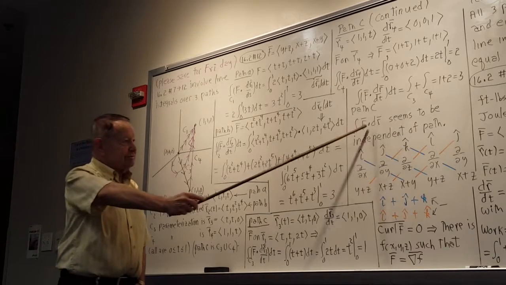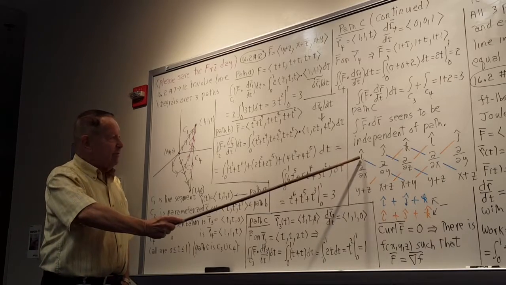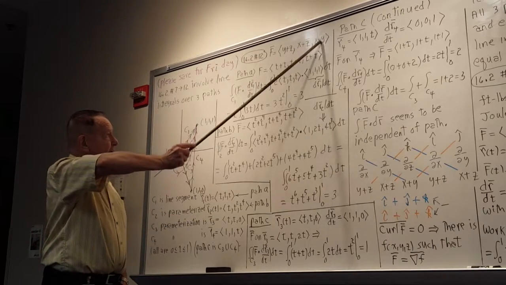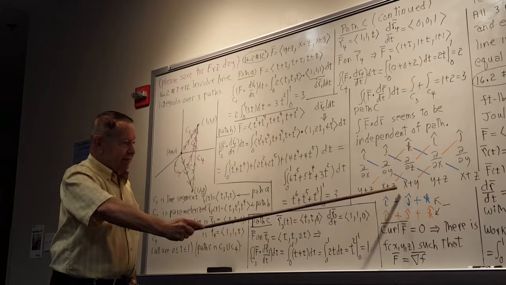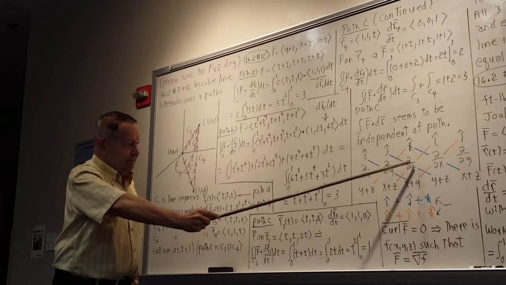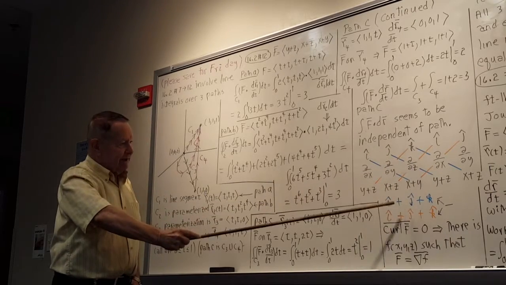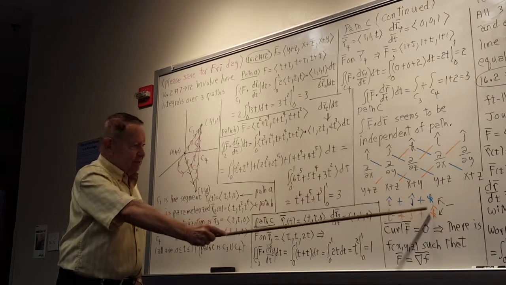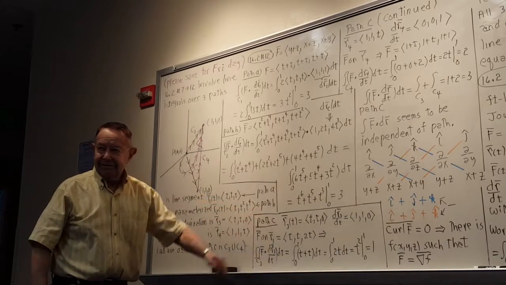And so I have my conclusion. Now let's check. If we want to do the curl of this thing, we had set up our cross product, and you grind out the 6 products and subtract, and you see it's 0 because they're identical.